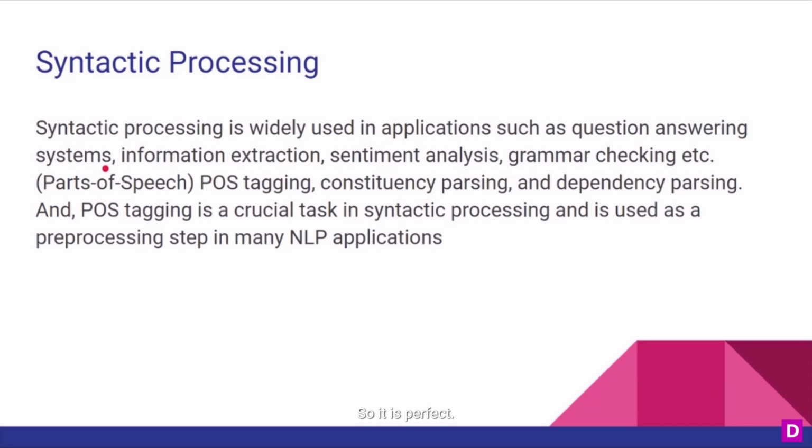If it is correct and occurring in the right place, then the whole sentence makes complete meaning. In any syntactic processing step, we concern ourselves with POS tagging as a preliminary step before moving on to the other parts of syntactic processing.